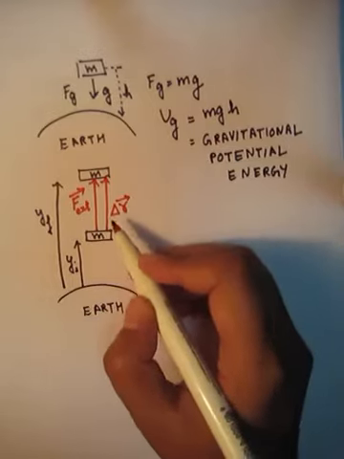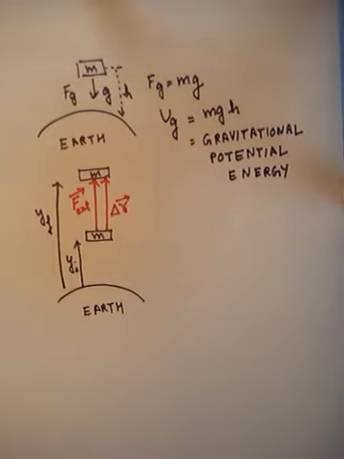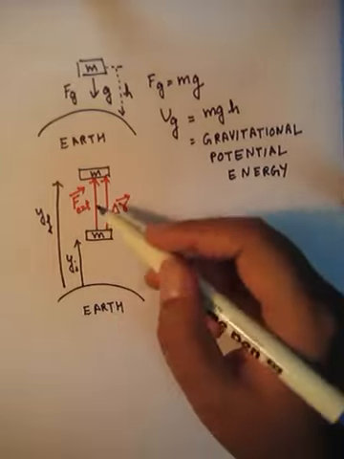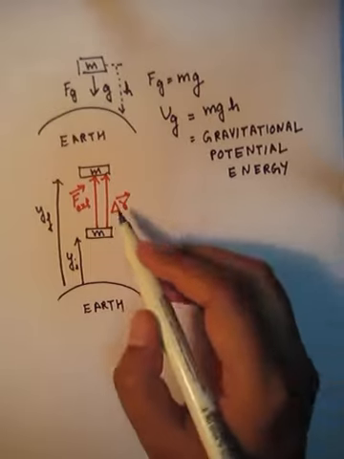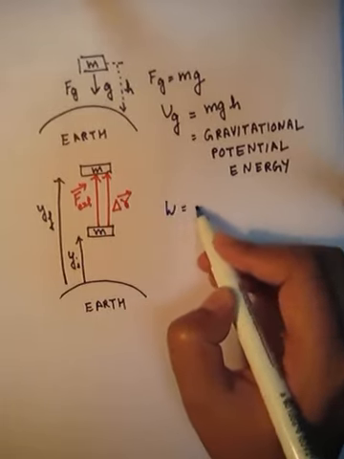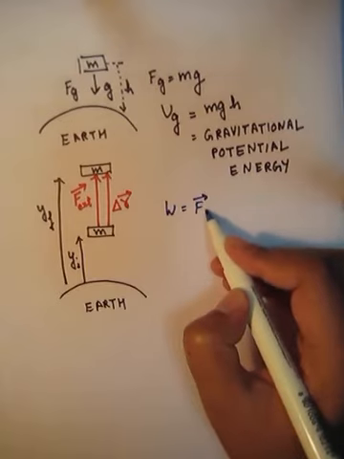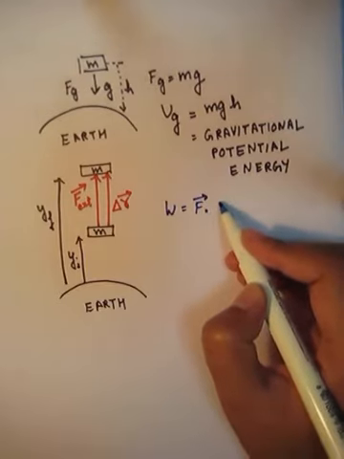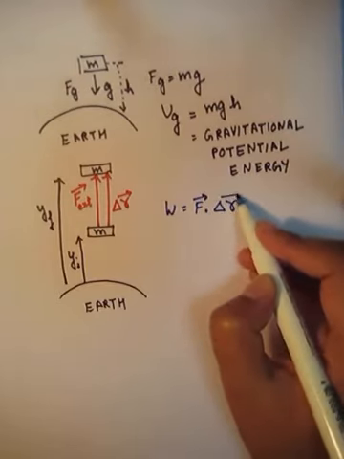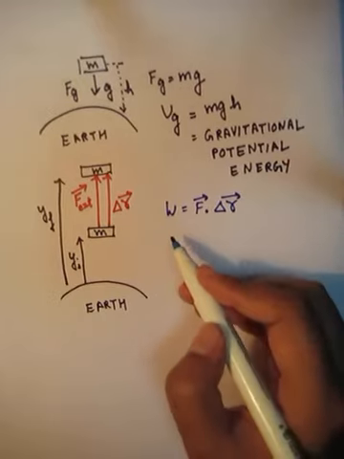So now if I have to find out the work done for this situation, you know that work done is given by force vector dot the displacement vector, like in this case it is delta r.